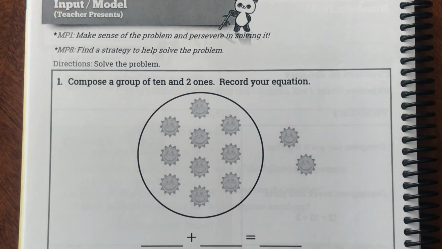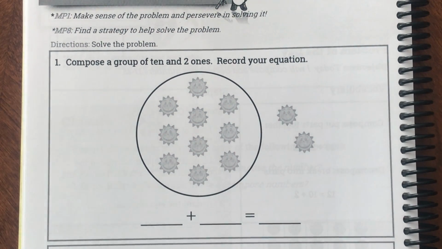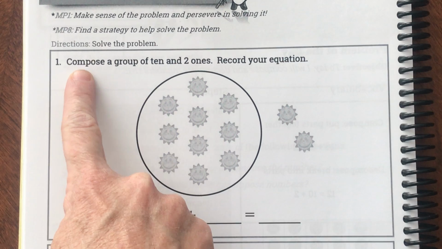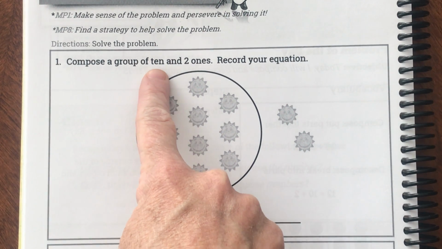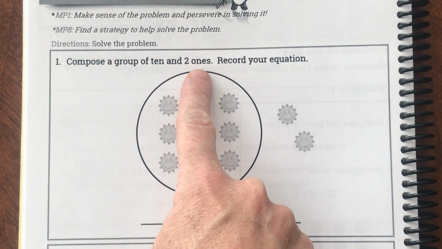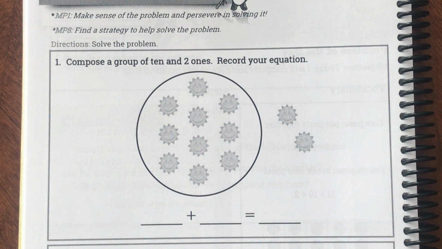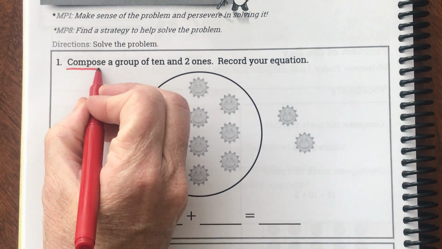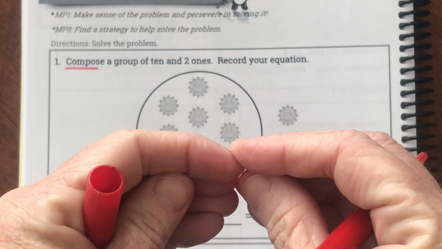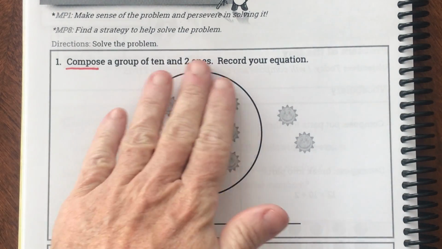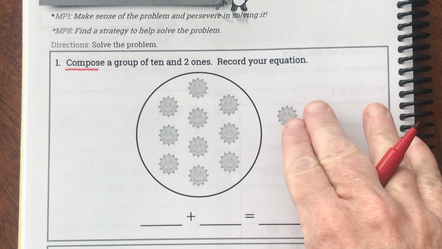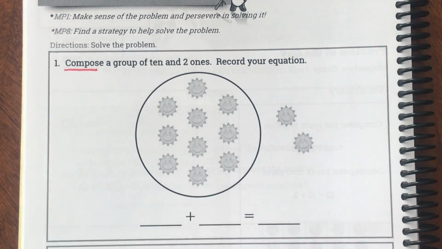Okay, my first problem says compose a group of 10 and 2 ones. Record your equation. Okay, so what do I know? Compose means they're going to take two things and put them together. So they're going to take this group and these two and put them together.